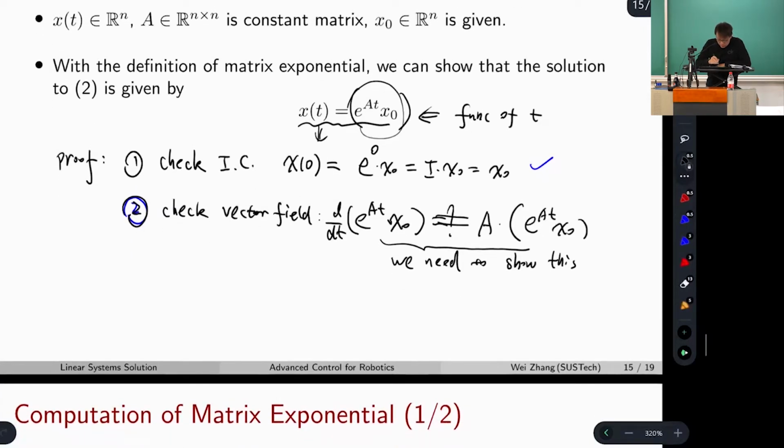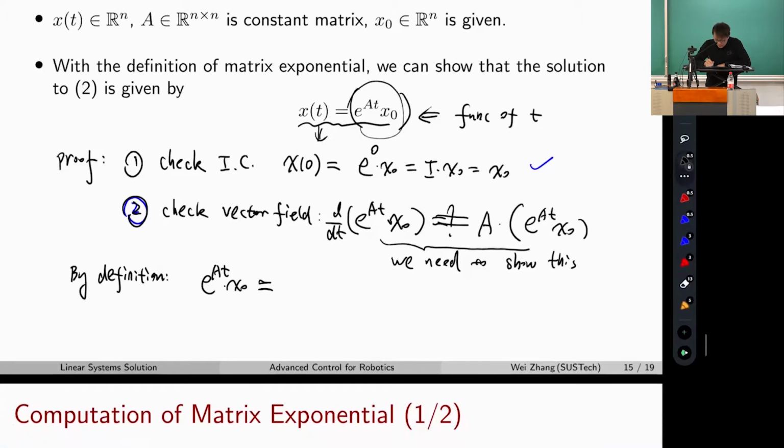Is that the case? Well, we can prove this by definition. Again, by definition, e to the At times x0 equals I plus A t. Here At together is a matrix.